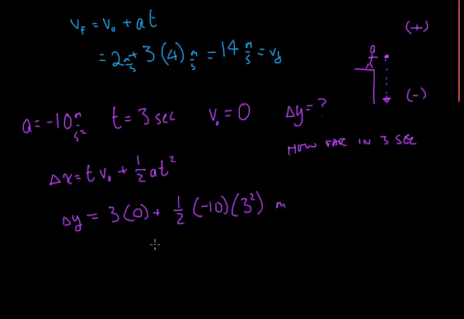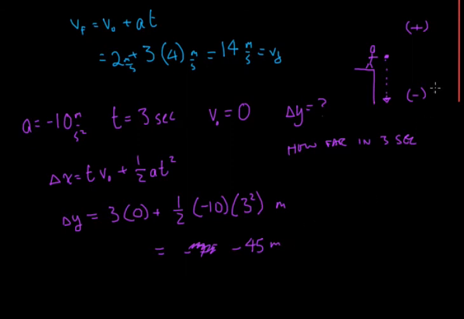So -5 times 15 is -75. Is that right? 9 times 10 is 90 divided by 2. No, it should be 45, or 5 times 9. Yeah, I'm sorry, that should be -45. So we've got -5 times 9 is -45 meters.